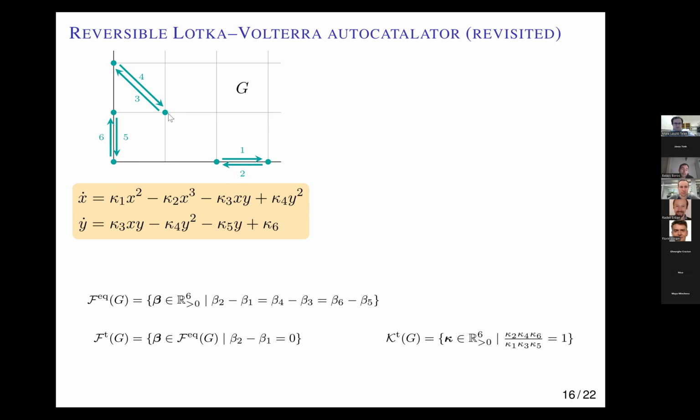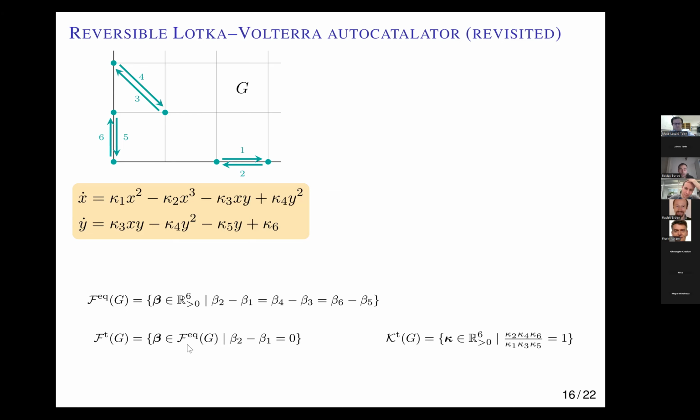No, sorry, not for the equilibrium fluxes. For equilibrium fluxes, there is a little more flexibility. But for being toric or vertex balanced, these must be equal. That's why Ft here denotes the set of fluxes which are toric or vertex balanced.